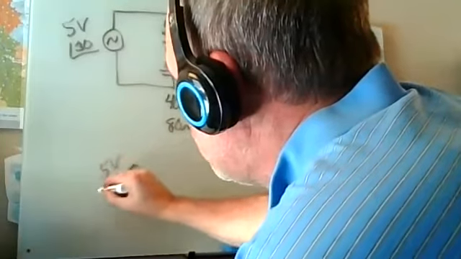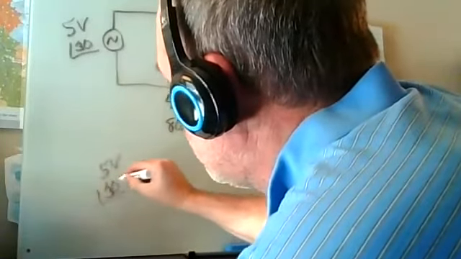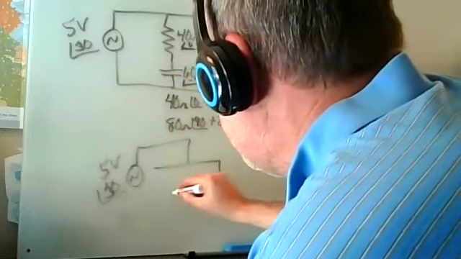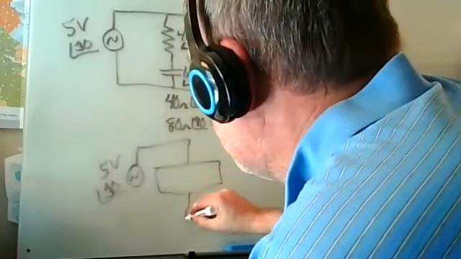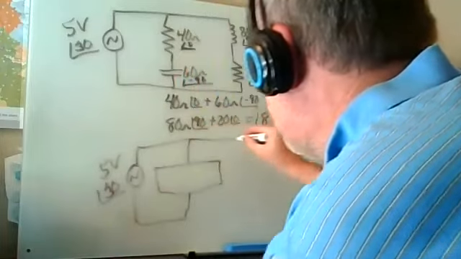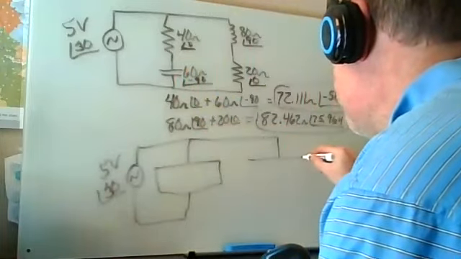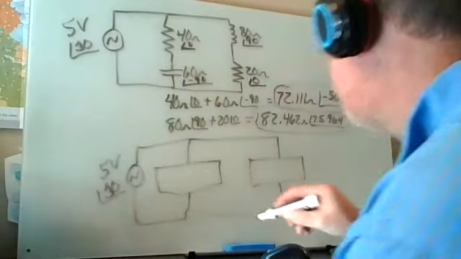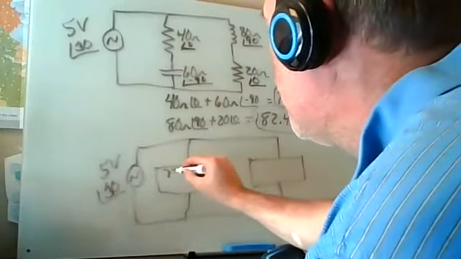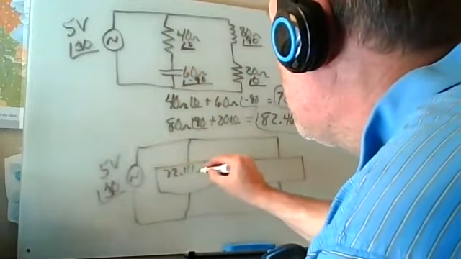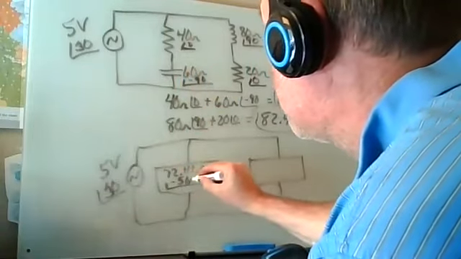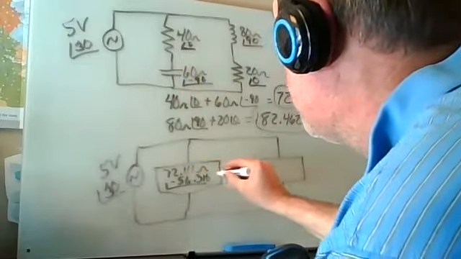5 volts at an angle of 30. Come up over. I got me a nice nifty little box because I know when I put those two together, they weren't the same components. Same here, they weren't the same components. So this one's 72.111 ohms at an angle of negative 56.310.